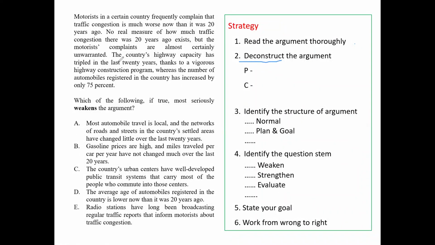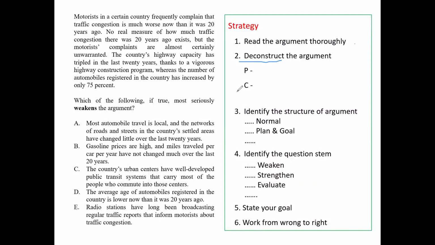Deconstruct the argument and identify the premise and conclusions, write them in the simplest forms possible. When you have this kind of deconstruction skill, things become easy for you. Otherwise, you will be distracted by so much unnecessary information and end up picking an incorrect answer.